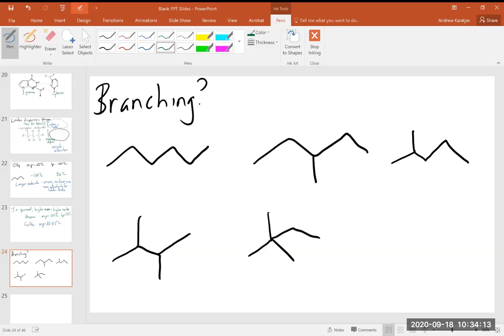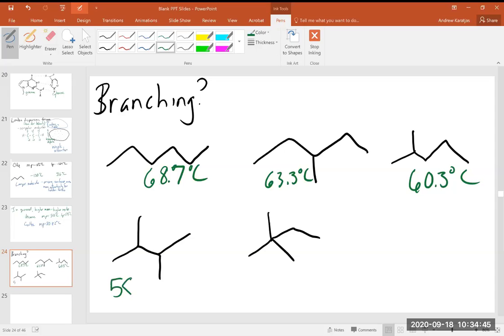And so when we have no branching at all, we just have 6 carbons in a straight chain. And these are all boiling points that I'm going to put down. 68.7 degrees Celsius. As soon as we start to branch these, they don't pack as well. And so the boiling points start to go down.